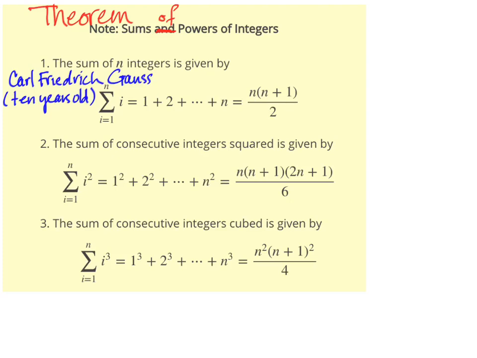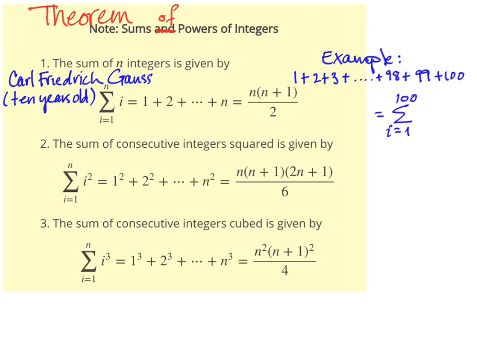So if we want to use Gauss's formula to add up, let's say, the numbers from 1 to 100, so 1 plus 2 plus 3 plus 4, all the way up to 100, we need to write it in sigma notation. So we're actually adding up the integers i from 1 to 100.